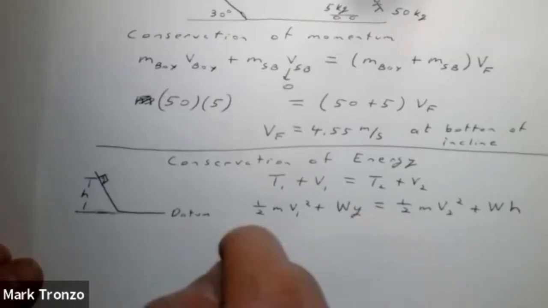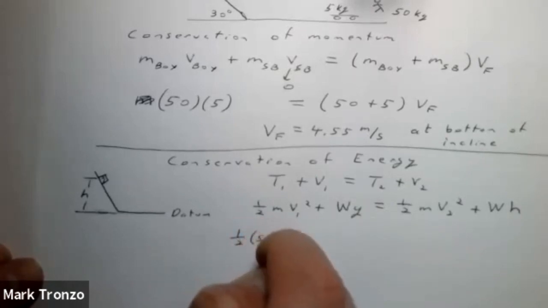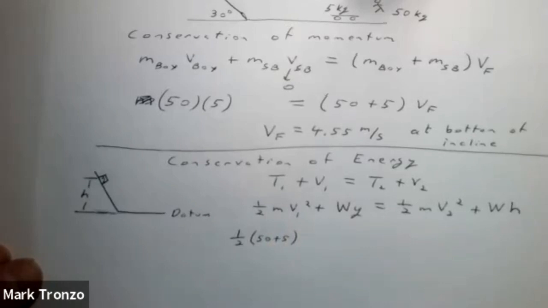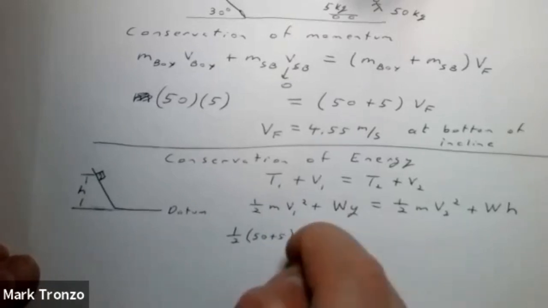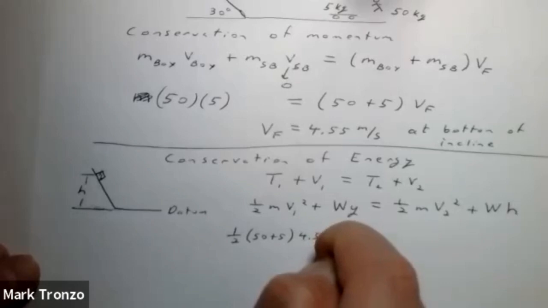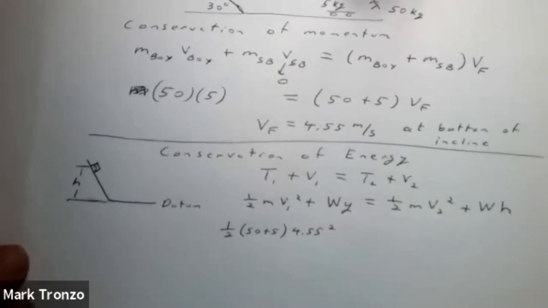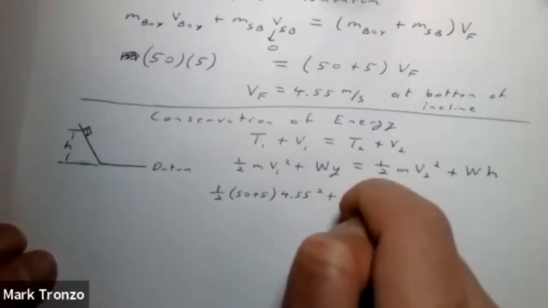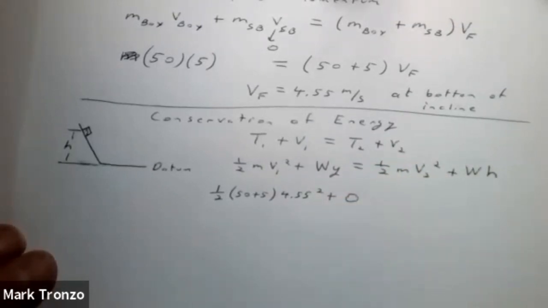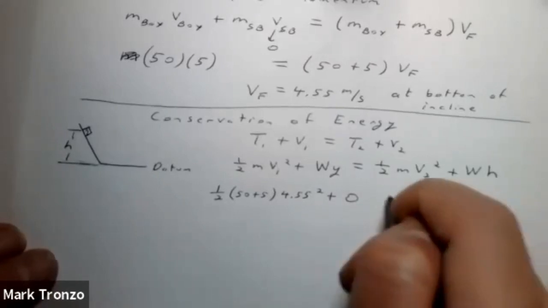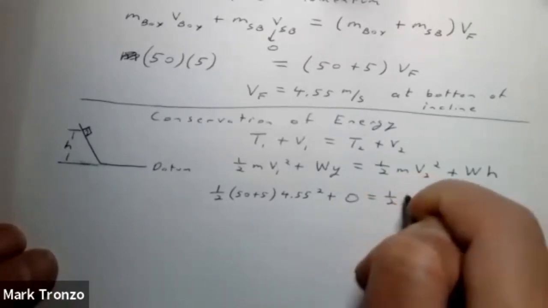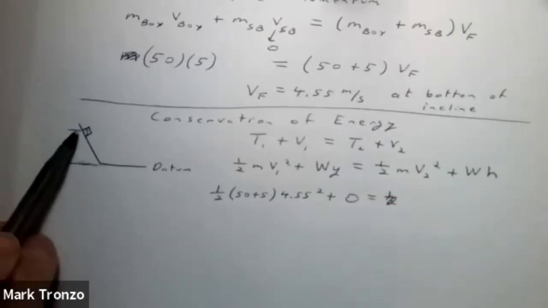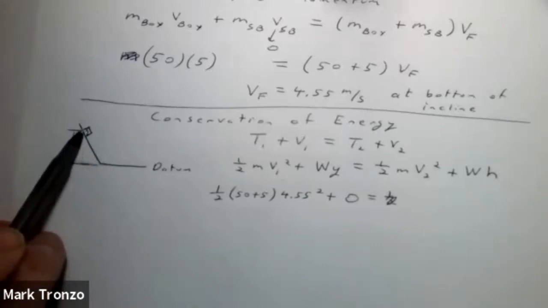So once again, the two together, it's going to be 50 plus 5, the total mass of the kid and the skateboard, times 4.55 squared, we found that a minute ago, is the velocity. And he's at the datum line at the beginning, so that's going to be 0. And then for the next part, we want to know his highest point, and that's the point where he goes up and stops momentarily.